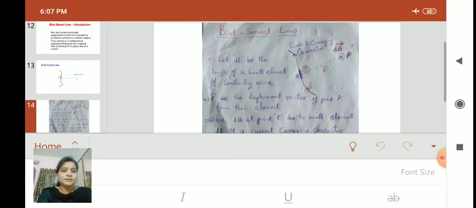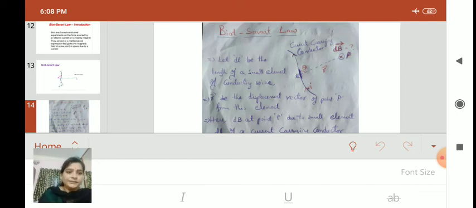This is Biot-Savart law. Here once again I am showing the same figure. We are taking a current carrying conductor. The current through that conductor is I, and here we are to find the magnetic field dB due to an elemental short length of the conductor dl.